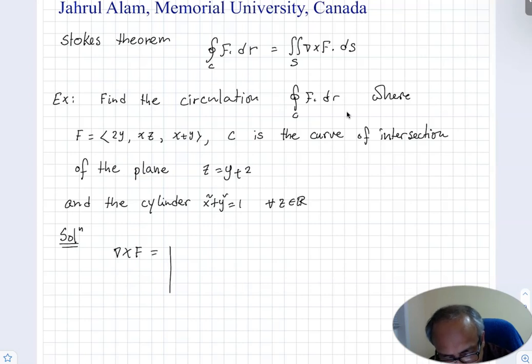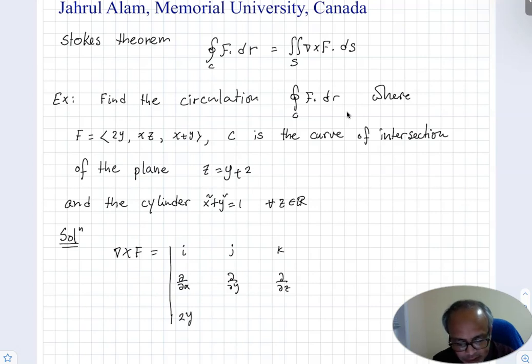To calculate the curl, you form a matrix by putting the unit vectors i hat, j hat, and k hat on the first row, the partial derivatives on the second row, and the vector field F on the third row, which is 2y, xz, x plus y.